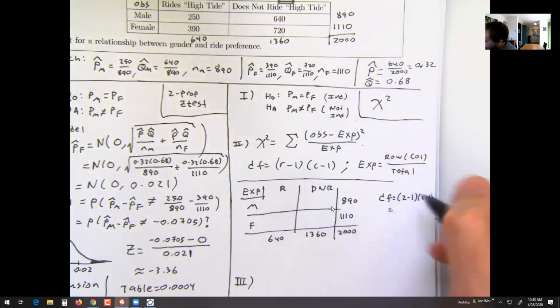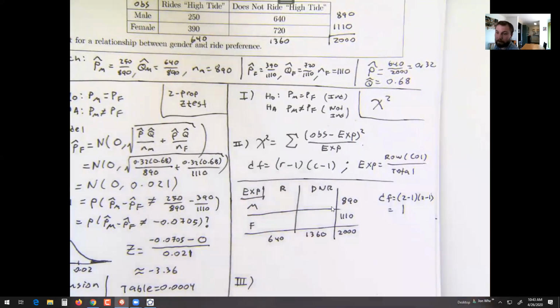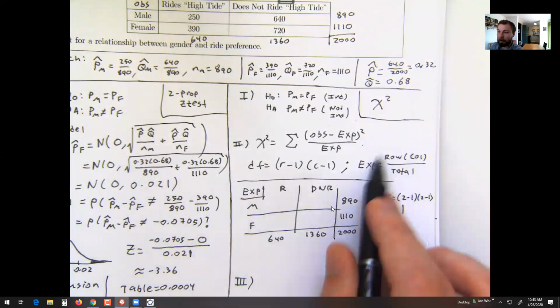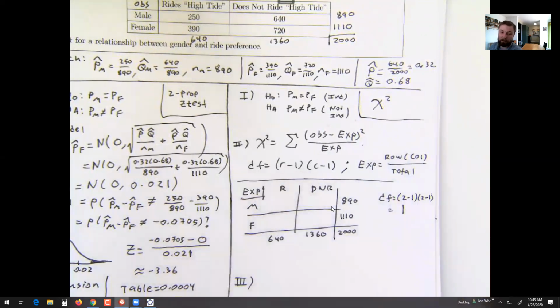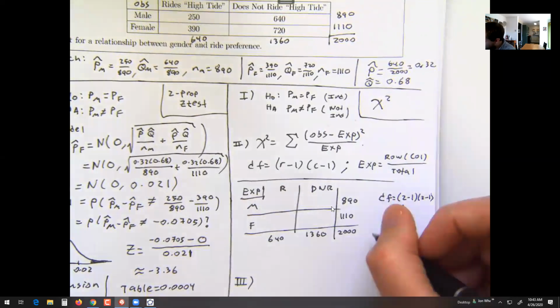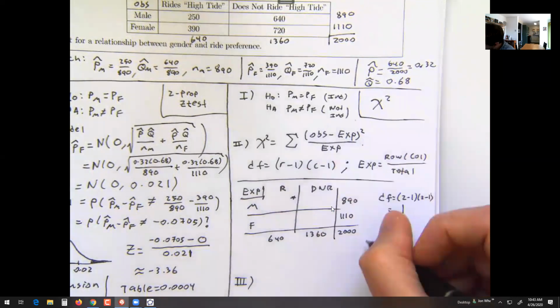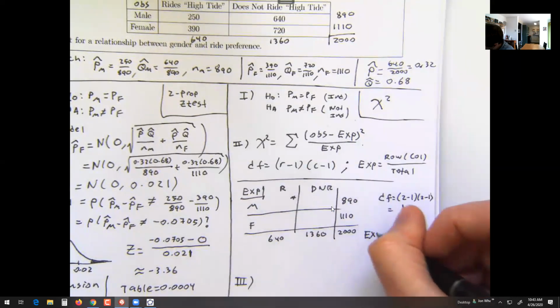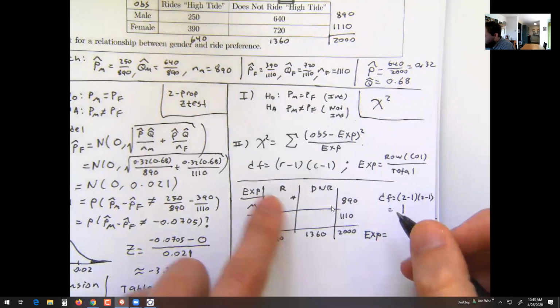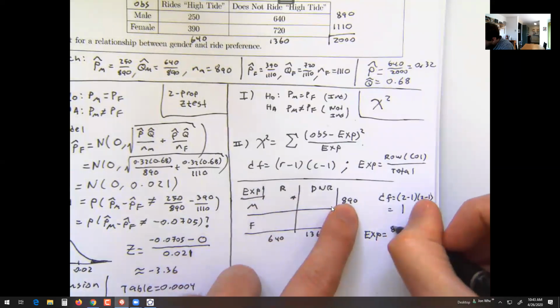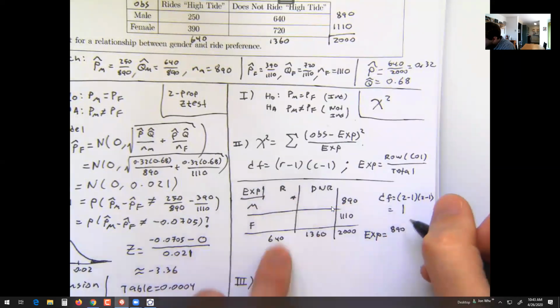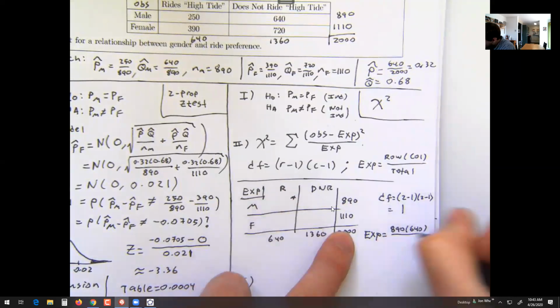This gives me 1 times 1, or just 1 for my degree of freedom, which means I only have to calculate one of these expected values using this multiplication trick, and then I can find the rest using addition and subtraction. So let's find this one. Expected will be equal to the row this lives in, 890, times the column this lives in, 640, and this has an overall total of 2,000.